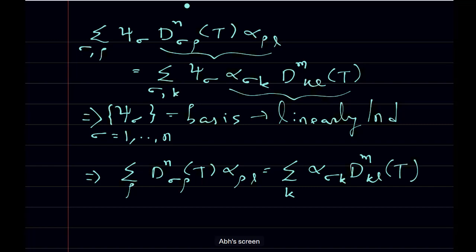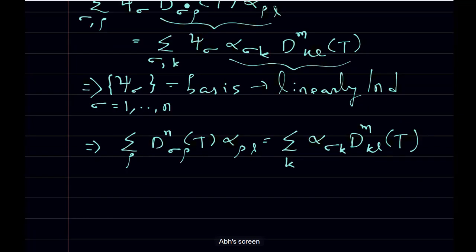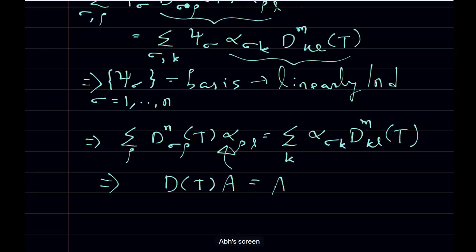Now this whole thing looks complicated, but it is nothing but matrix multiplication: D of T multiplied by some matrix A. This matrix is related to these coefficients, so it equals A times D M of T. That's it.